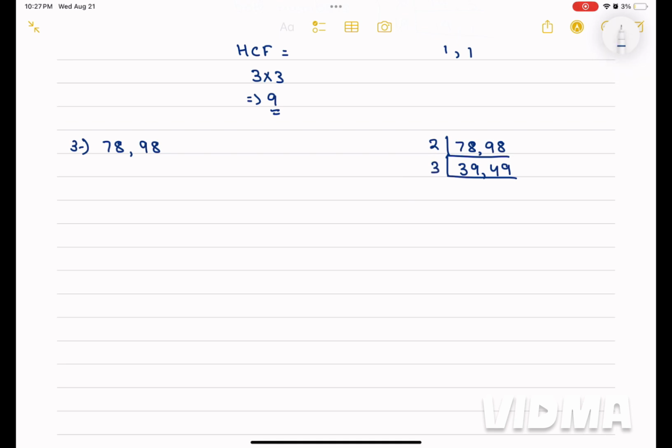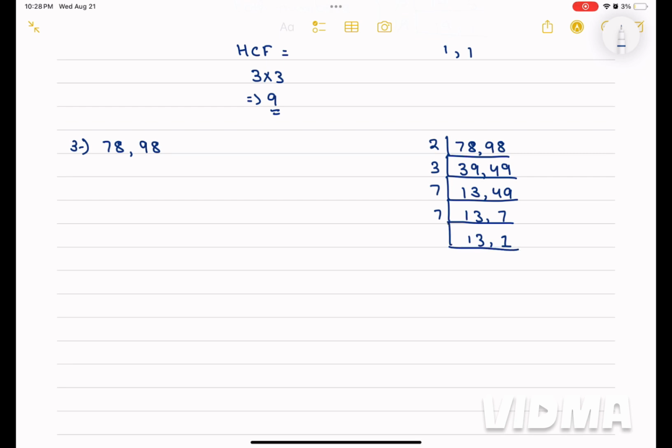So you take 13, and you drop down 49 just the way it is. Then you take 7 here because 49 is divisible by 7. You drop down 13, then you write 7, you take 7 again, 13, 1. Then you take 13 because 13 is a prime number, there is no other number that will divide it. It's 13, 1, 1.